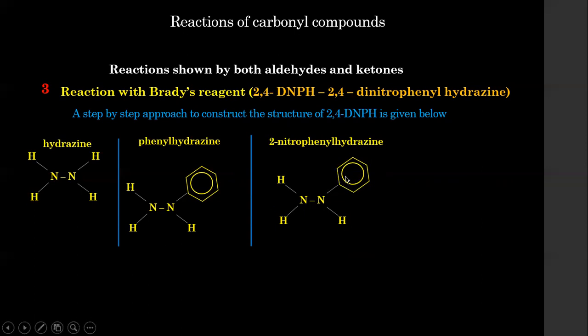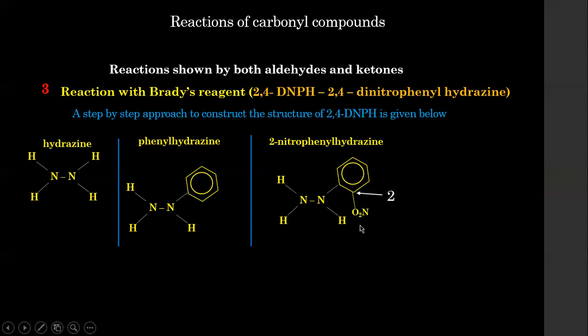We can start counting the carbon number, labeling the carbon atom to which the hydrazine part is attached as number 1. Here we have number 1. So number 2 comes over here. See, number 2. When I say 2-nitro, it means to this second position, carbon number 2, a nitro group is getting attached. Nitro group means an NO2 group.